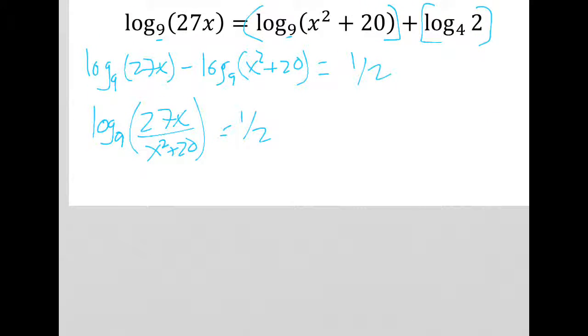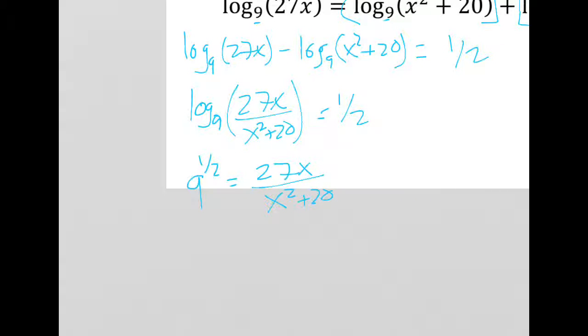Now I'm going to take this log and rewrite it as an exponent. So I'm going to say, as an exponential problem, I'm going to take 9, the base of the log, and raise that to the power of 1/2, and that is equal to 27x divided by x squared plus 20.